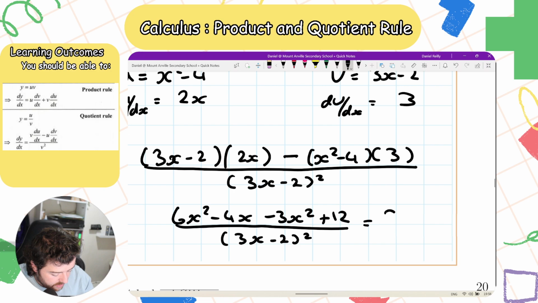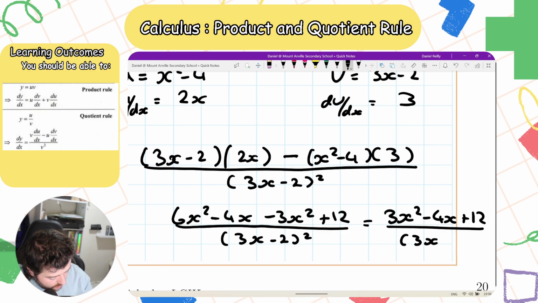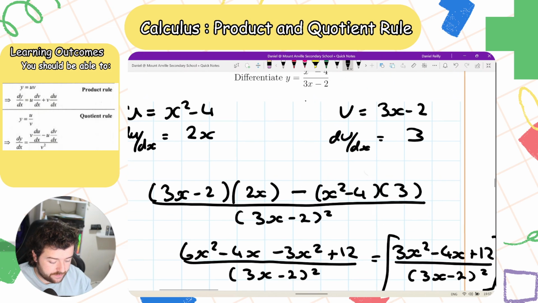And that is going to be 3x squared minus 4x plus 12 all over 3x minus 2 squared. I don't think we can simplify this any further. That is it done. That's the quotient rule.